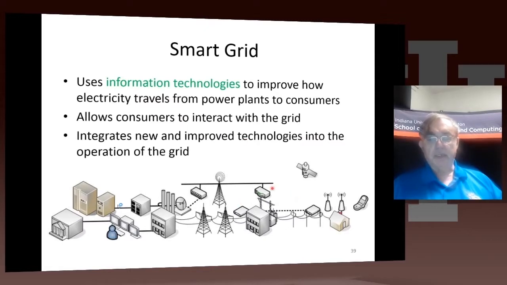So smart grids are very straightforward. You take all the collection of items on the grid, all the different transformers and transmission lines and meters and things like that, and you just internet enable all of them and send that data to the cloud.